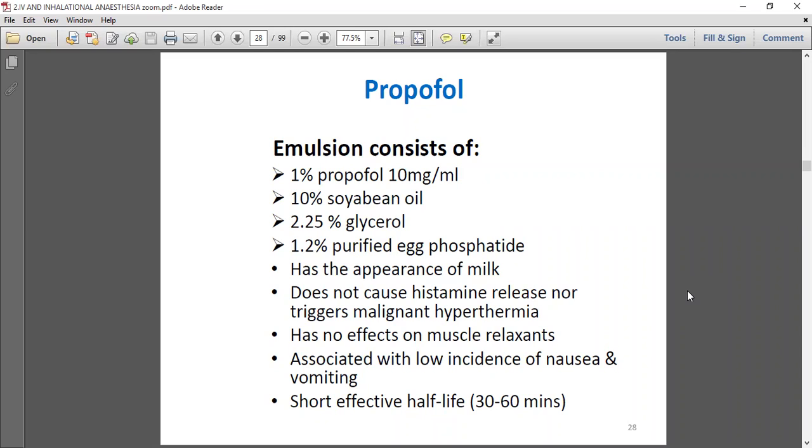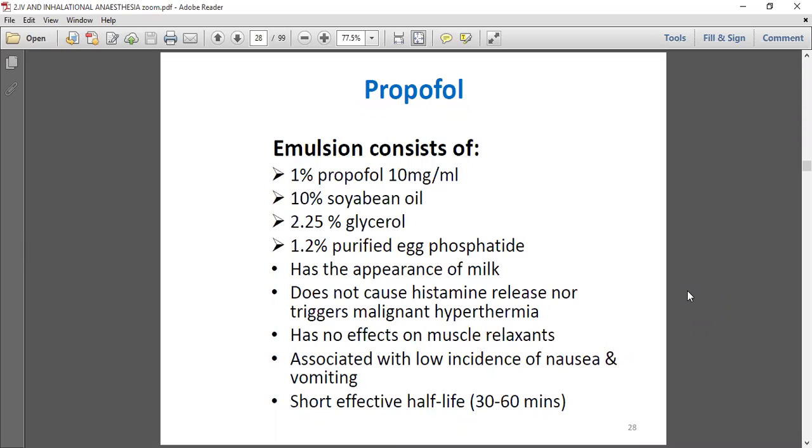So it has no effects on muscle relaxants. It does not cause histamine release, nor trigger malignant hyperthermia. For you to know that the patient is having malignant hyperthermia, you're supposed to have symptoms that include muscle rigidity, high fever, and a fast heart rate.